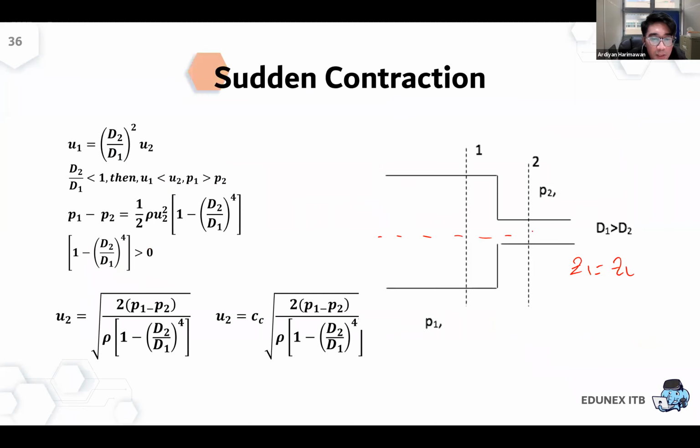Because it's always at the middle of the pipe. And then A2 is smaller than A1, so the velocity at point 2 is higher than at point 1, and the pressure at point 2 is lower than at point 1. Same as the reducer.